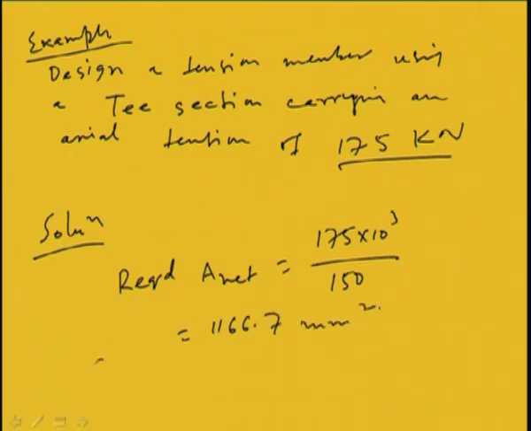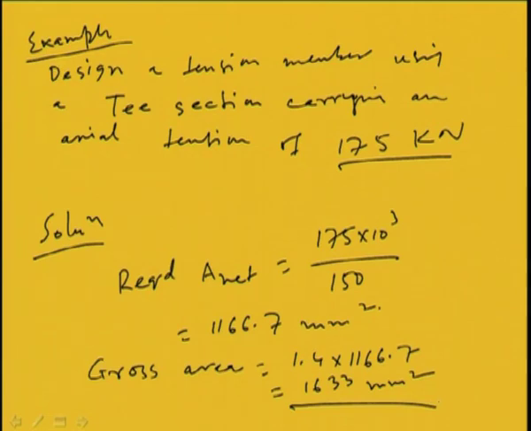So how do we find out the gross area? Gross area will be around 40% more, that means 1.4 into 1166.7, which is coming to 1633 millimeter square. So this is the gross area which is required to be provided. Now we will see the handbook, SP 6 (1) 1964, for the section matching the required area.